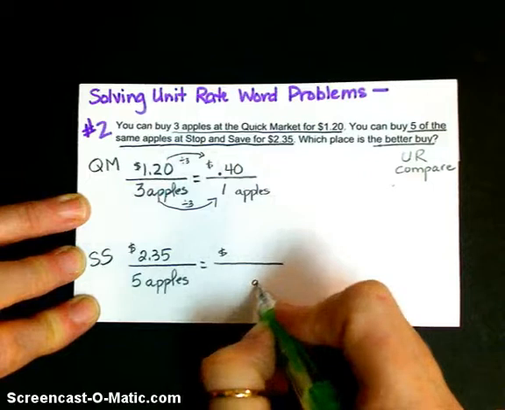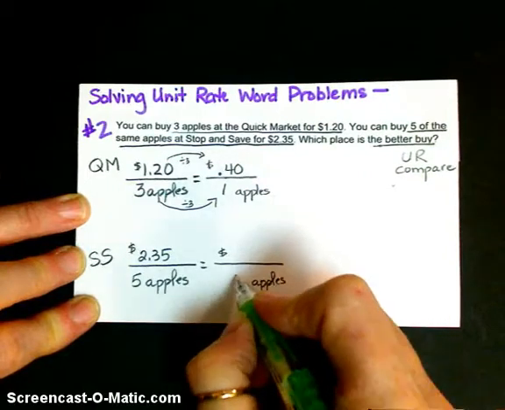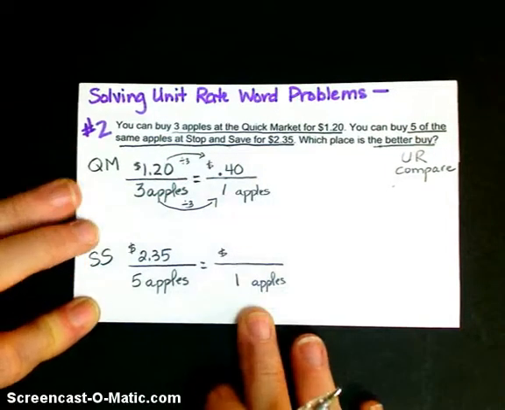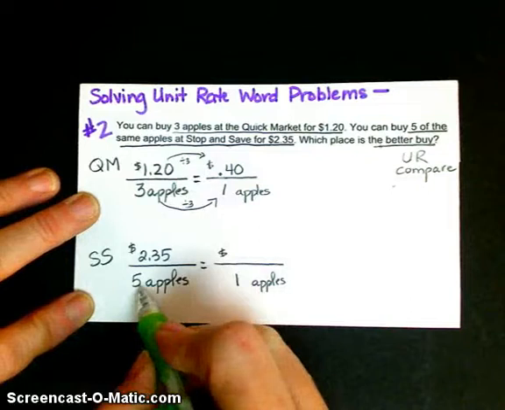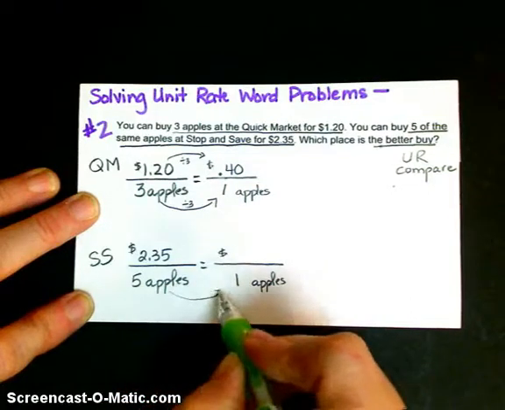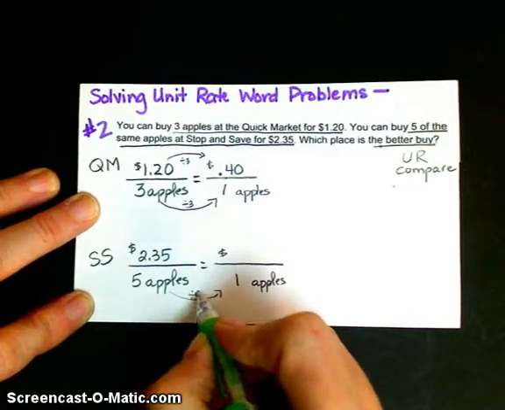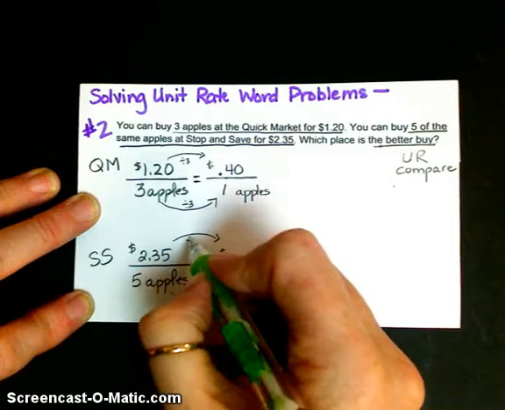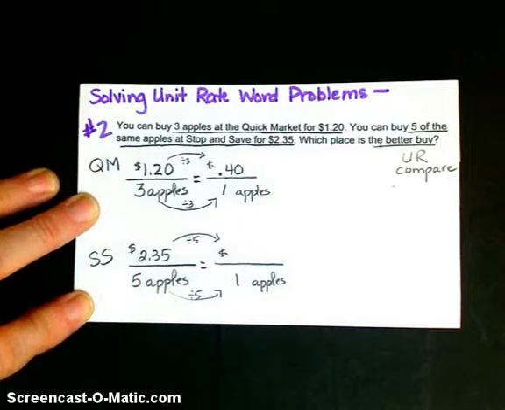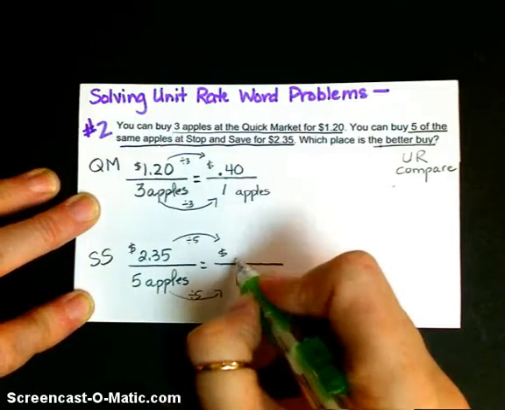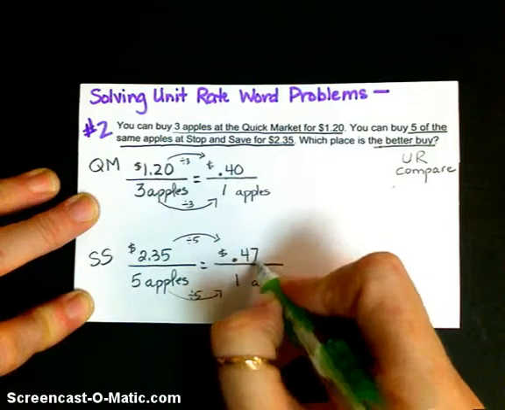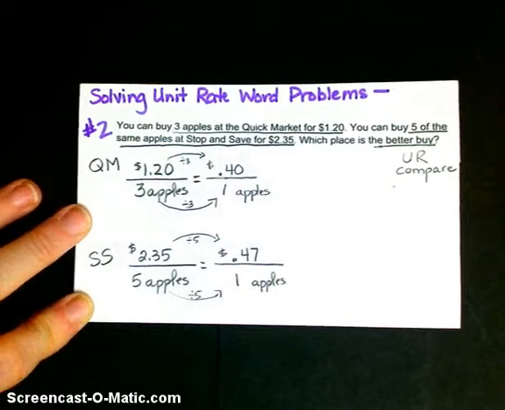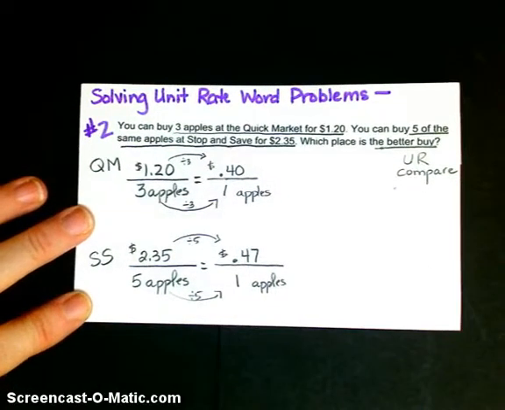Our labels have to match exactly. I want to know how much I am going to pay for 1 apple. Well, I'm going from 5 down to 1, and so I'm going to have to divide by 5. So I'm going to do the exact same thing to the top. This says I'm going to end up spending 47 cents for an apple at Stop and Save.